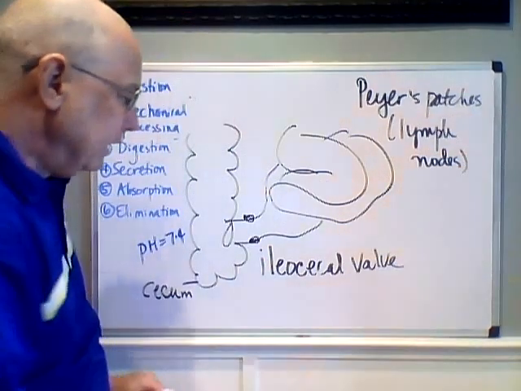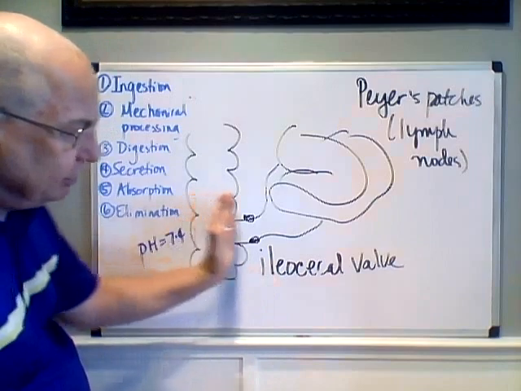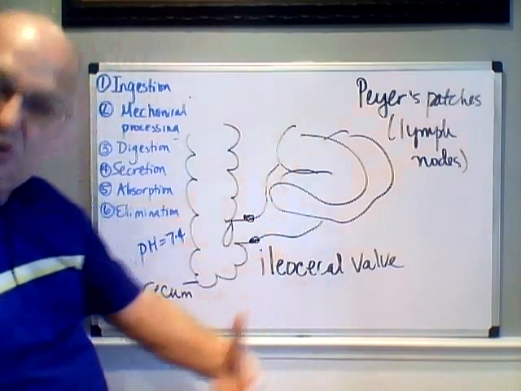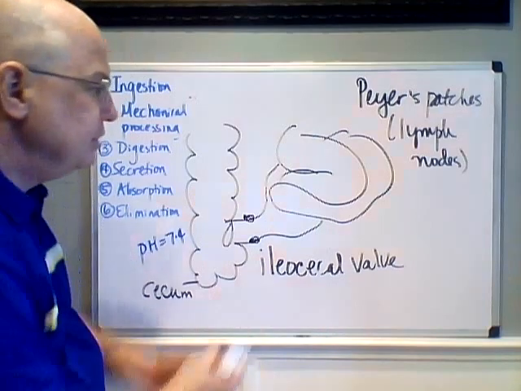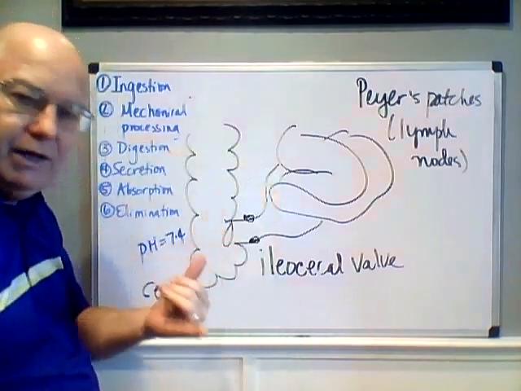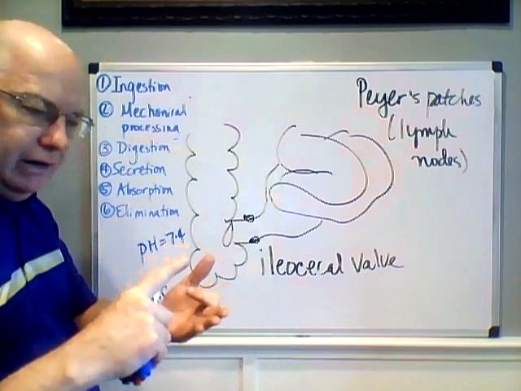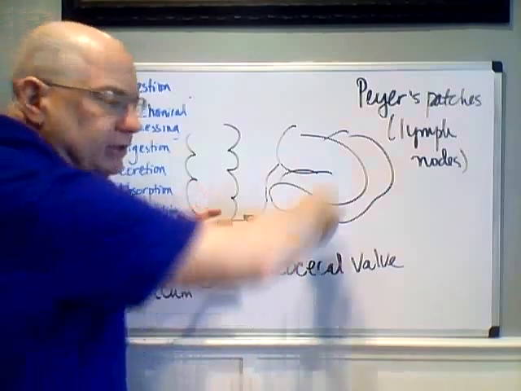So the ileocecal valve is a sphincter muscle that stays clamped shut so that food can stay in the small intestine so that we can absorb it. It takes quite a bit of time, quite a few hours, but that gives us maximum time to absorb as many nutrients, all those amino acids and sugars and fatty acids and glycerol and the components of nucleotides. We need to absorb that.